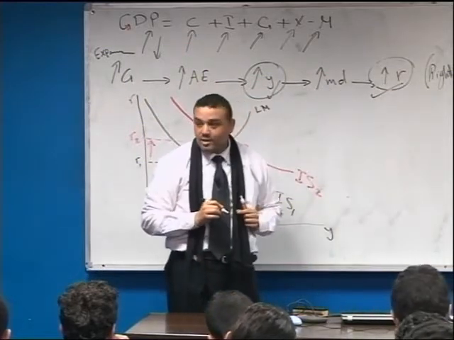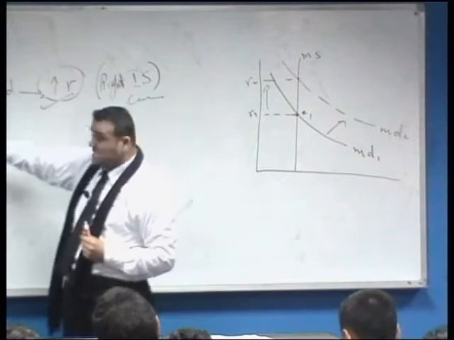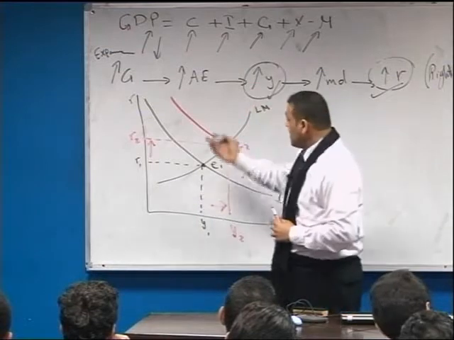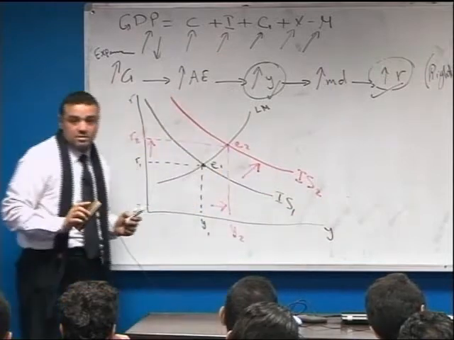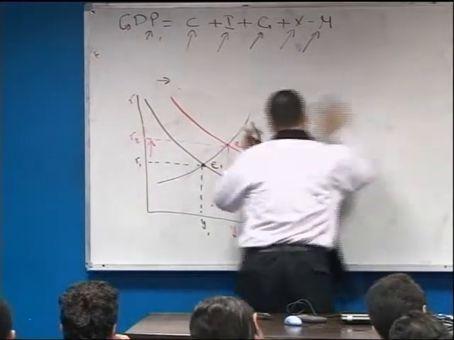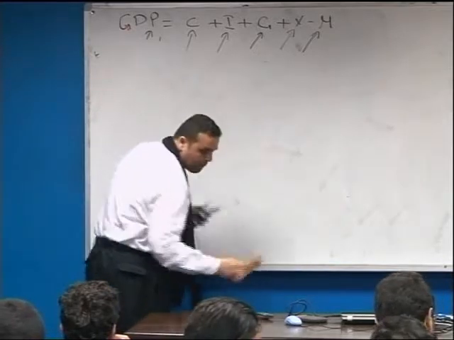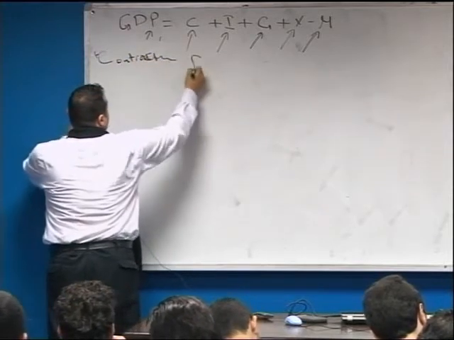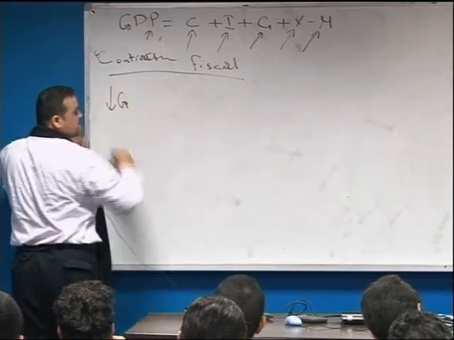Right? Correct or not? Now do the opposite case. Decrease government spending, or use a contractionary fiscal policy. Okay, so let's use a contractionary fiscal policy, by decreasing the government spending or increasing the taxes.